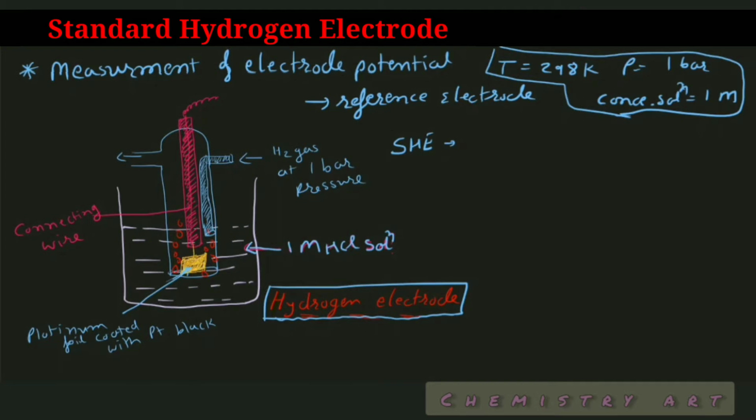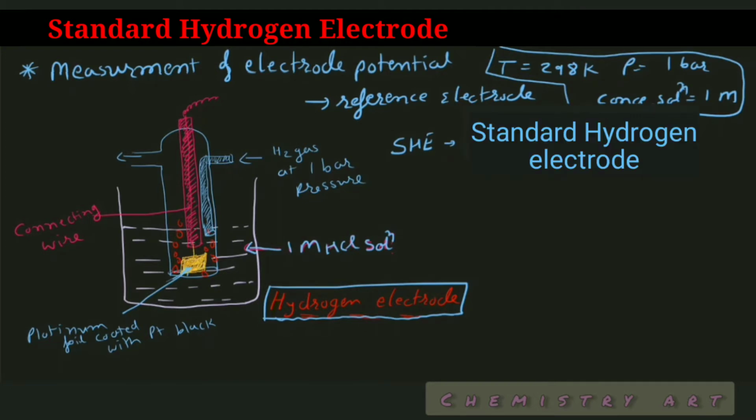So we are going to see the standard hydrogen electrode, and you can see the figure given here, and you can easily see the structure of this hydrogen electrode. Let's see how the hydrogen electrode works when it is attached with another electrode.